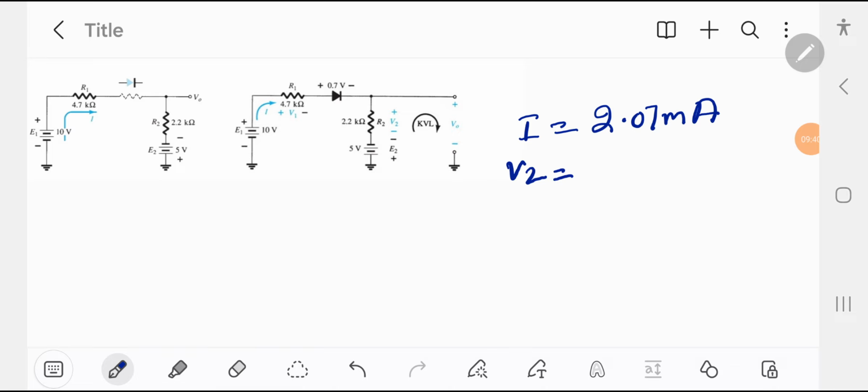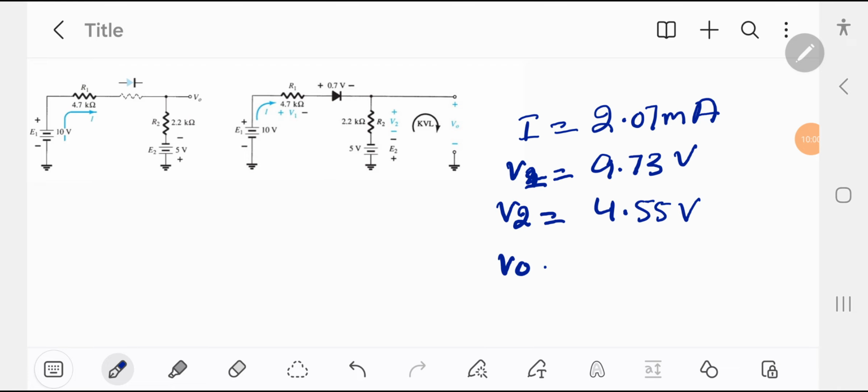V1, which is equal to 9.73 volt, and V2, which is equal to 4.55 volt. And the last is V naught, which is actually equal to this one. So this is the overall lecture.